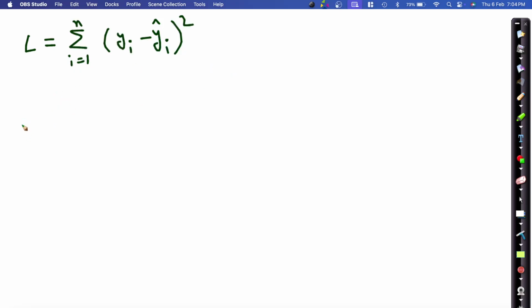Now, what do I need to find out? Let me take a different color. I need to find dou L by dou W1, which is dou L by dou f multiplied by dou f by dou W1. This is what I need to find out.